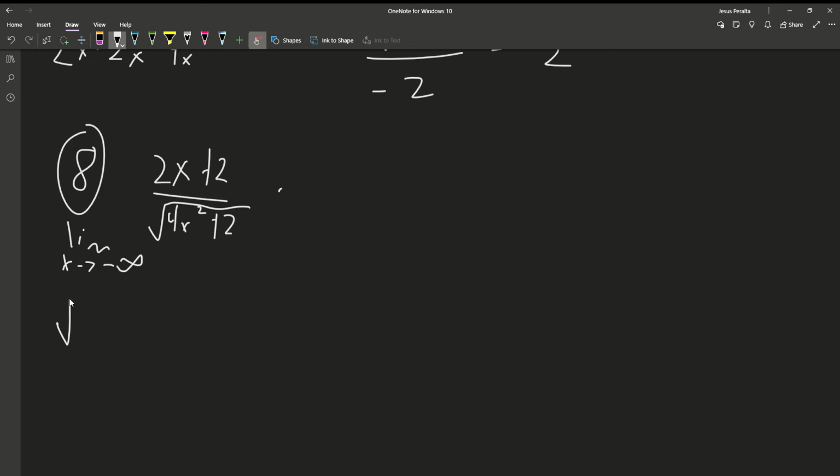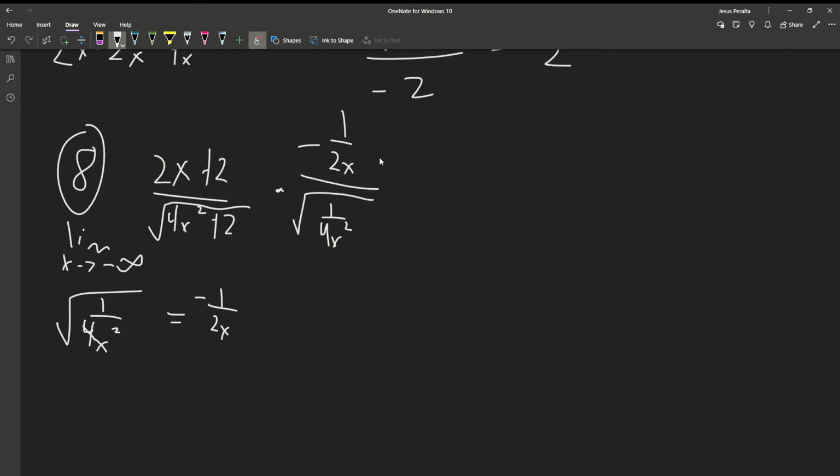We have this big square root of 1 over 4x squared, which is also equal to 1 over 2x again. But this is going to be a negative, so we're going to multiply, and since the square root is on the bottom, we use 1 over 4x squared under negative 1 over 2x, basically.